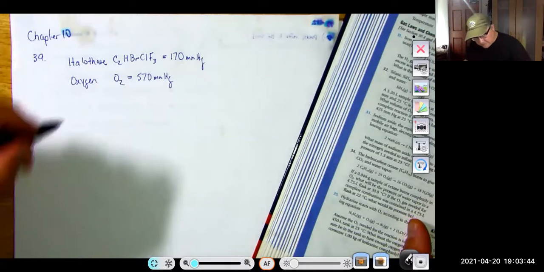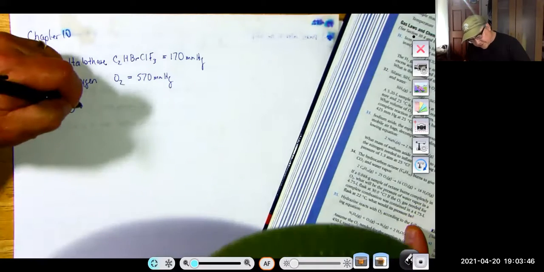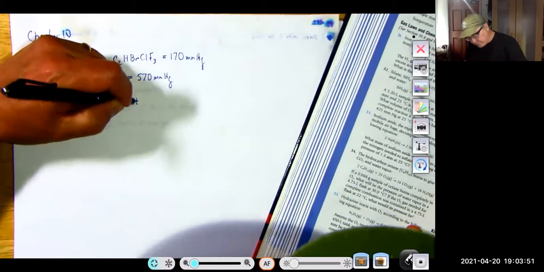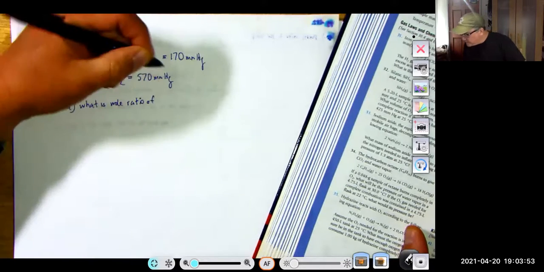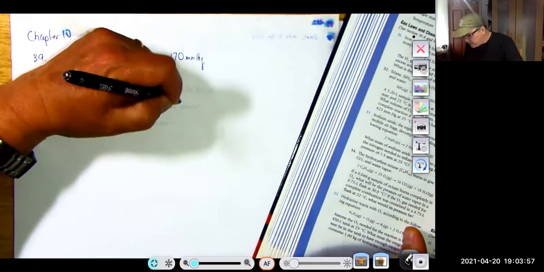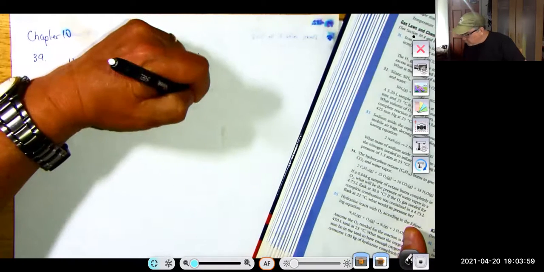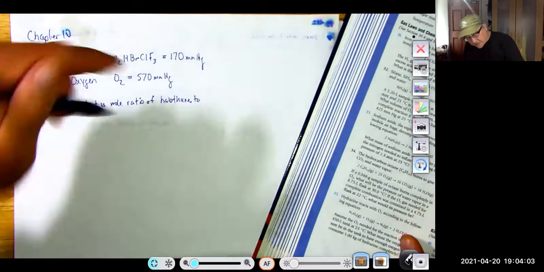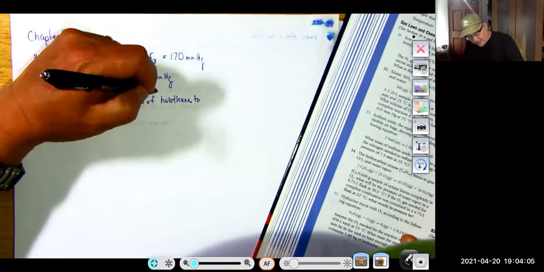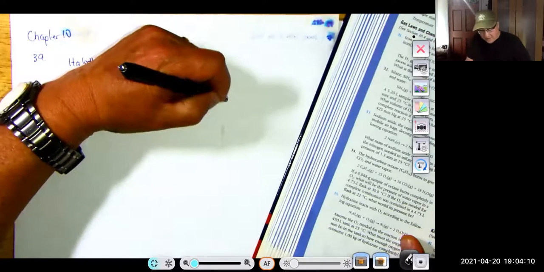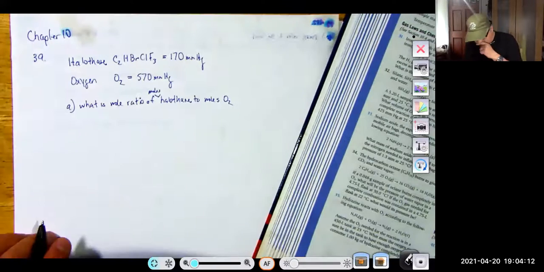And they want the mole ratio of halothane to, and they actually write moles of halothane to moles of O2, but what else could mole ratio mean?